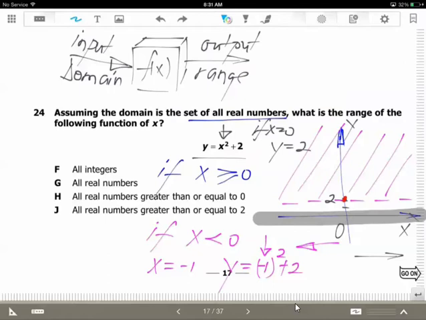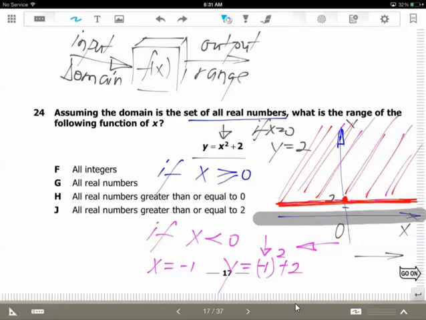That's the minimum value that my function y can ever get, and anything else is greater than 2. So, let's see which one is the right answer.